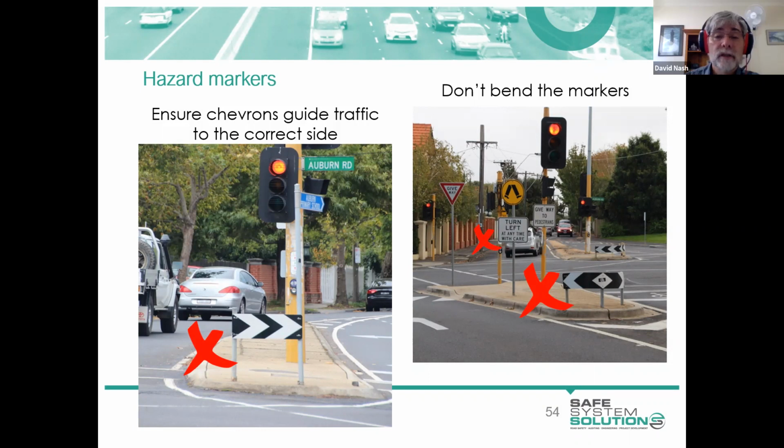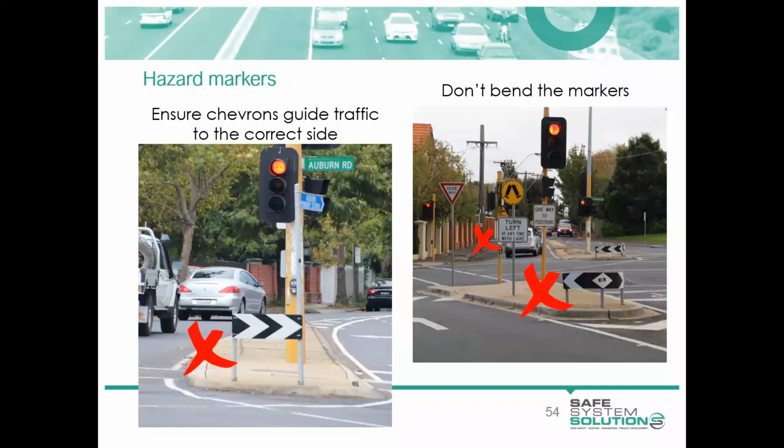If it's a splitter island, in other words, traffic can go only on one side of the island and traffic is coming towards you on the other side of the island, then the choice is a unidirectional hazard marker or a keep left sign. Right. Okay, great. Thank you.